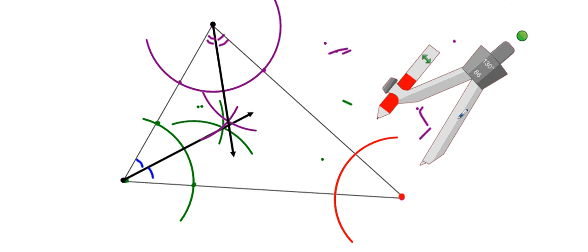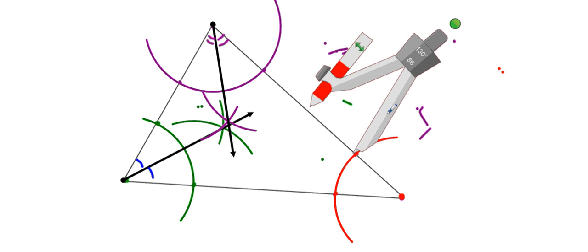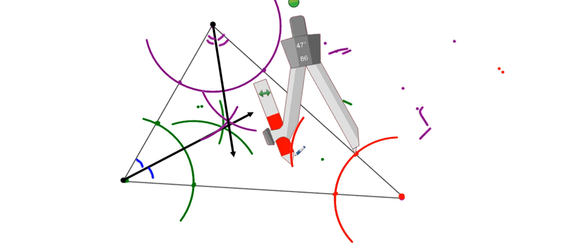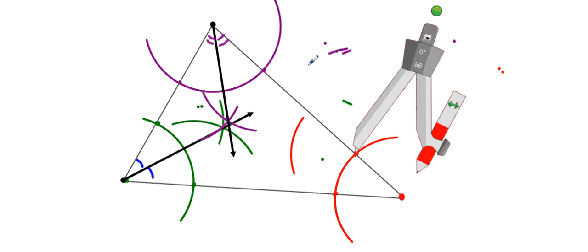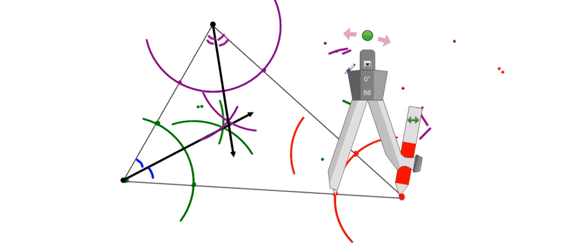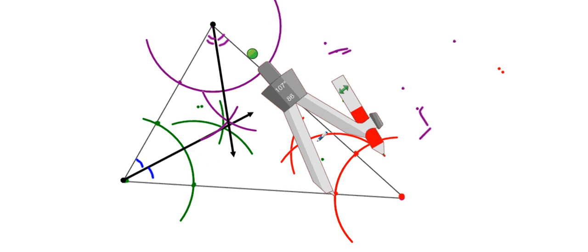So again, once I draw that initial arc, these two points of intersection become the centers of my next two circles. I'm going to go ahead and get the second pair of arcs in there.